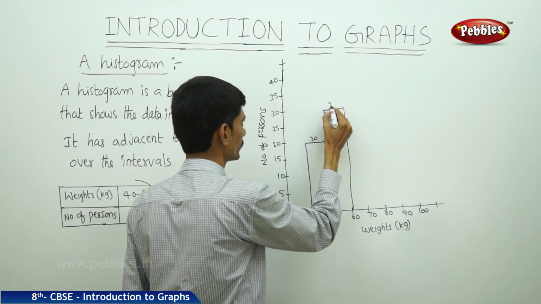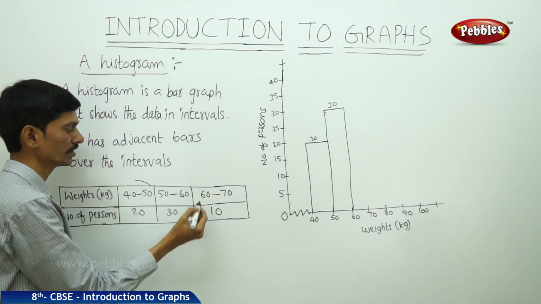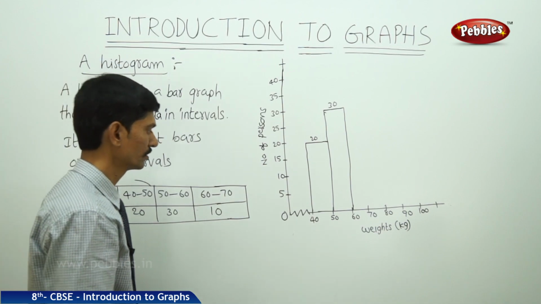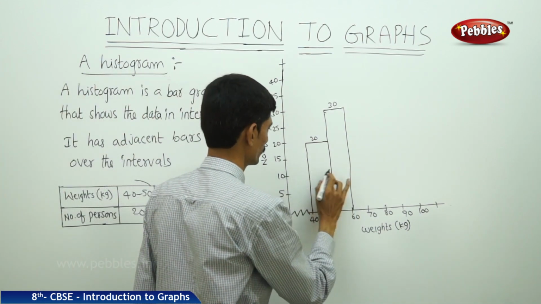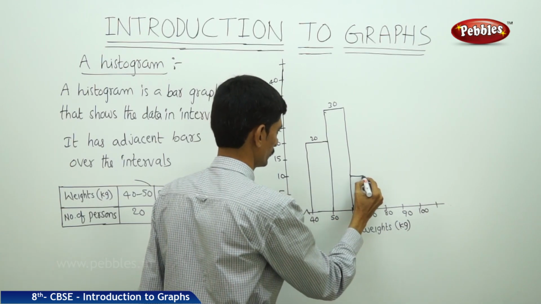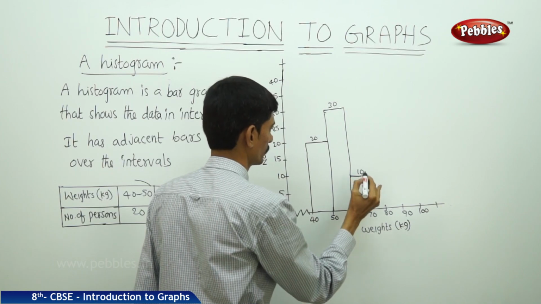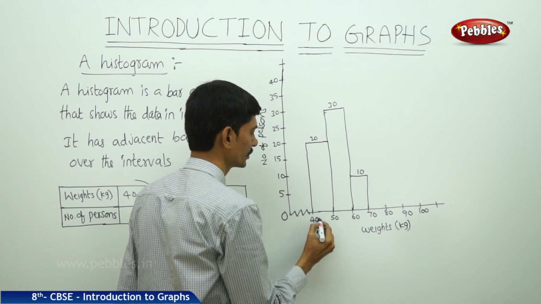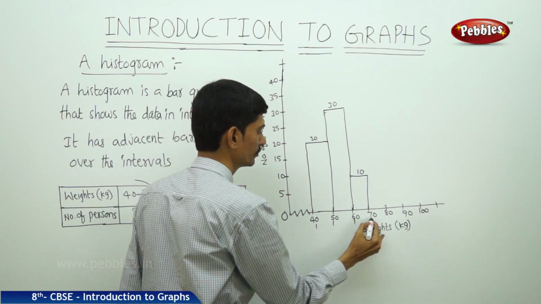Now immediately from 60 to 70, how many persons are there? There are 10 persons whose weight is 60 to 70 kilograms. So these are the different class intervals, 40 to 50, 50 to 60, then 60 to 70.